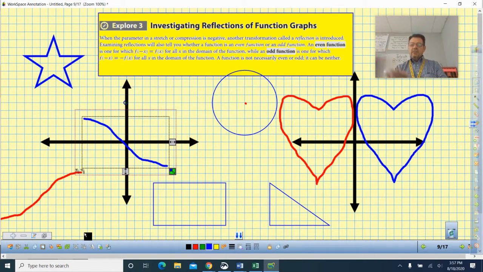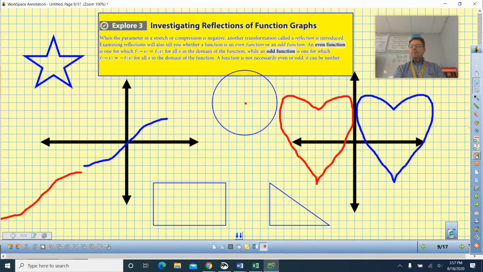Okay, so that's even function. If you flip it across the y-axis, you get back exactly what you started. That's how you do it with the picture. Now, what about this guy? Let's see, undo. What about if I rotated this picture 180 degrees? Okay, so let me select it.